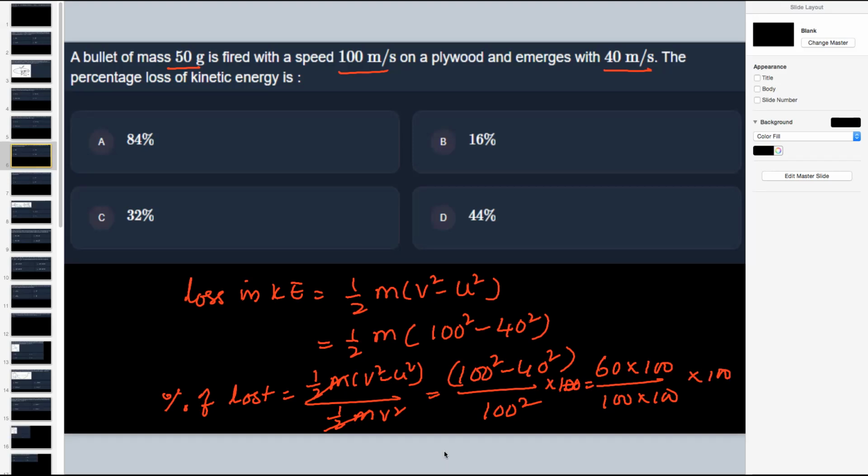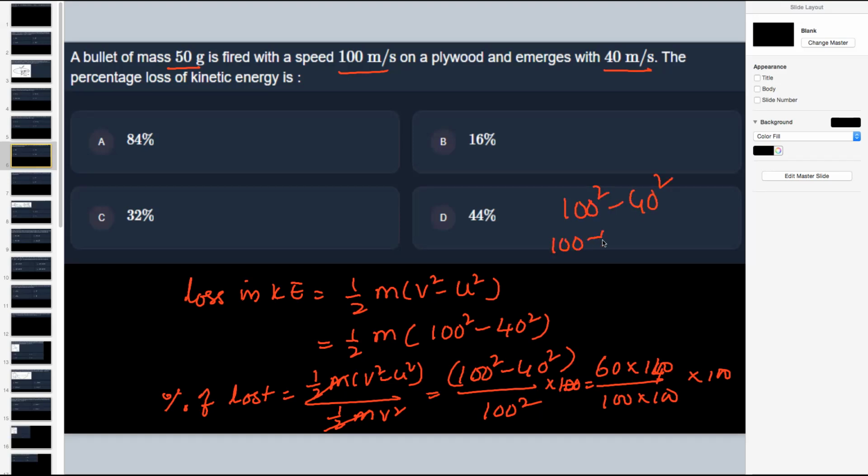Is it correct? Yes. How much do you get? What is 100 square minus 40 square?